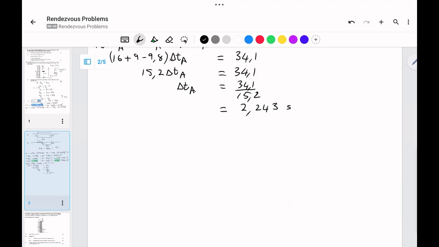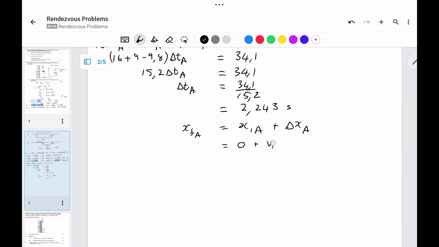So I'm going to write x final A is x initial A plus delta x A, and x initial A was 0 plus... look, you don't need to write out this formula again.